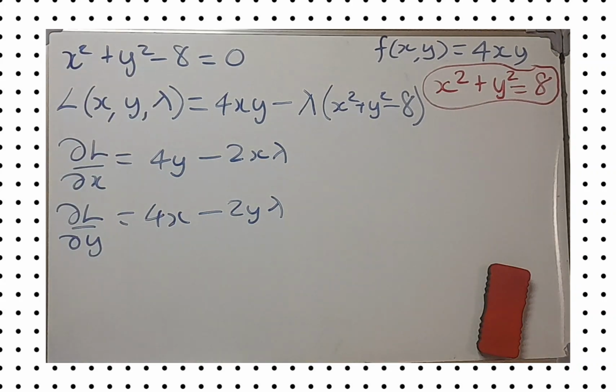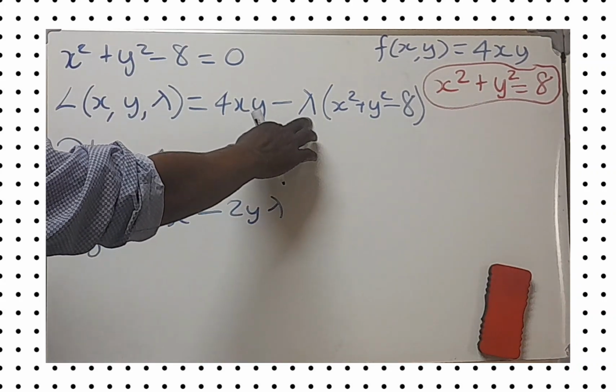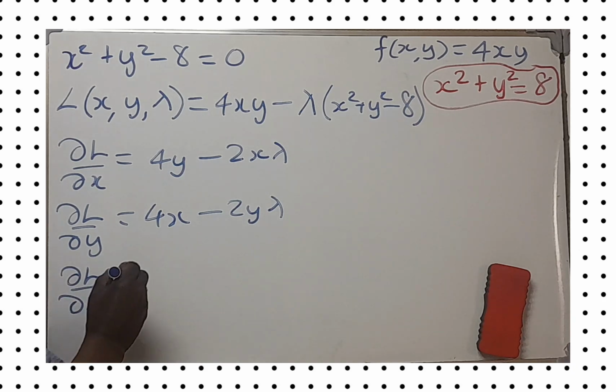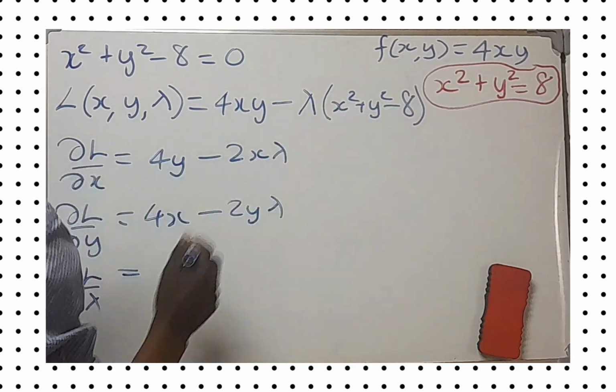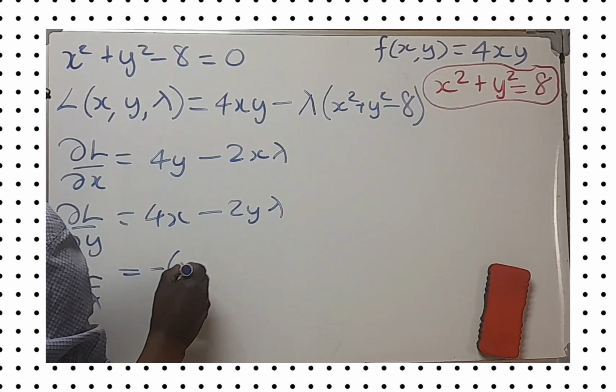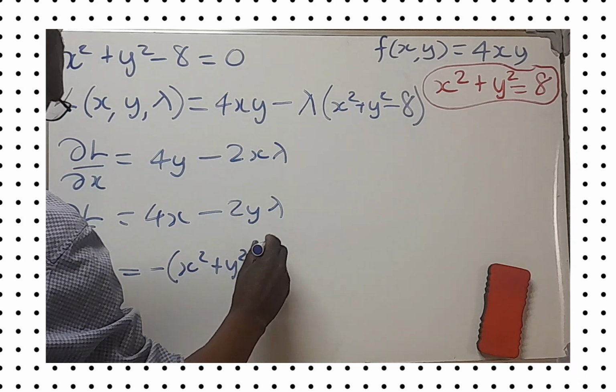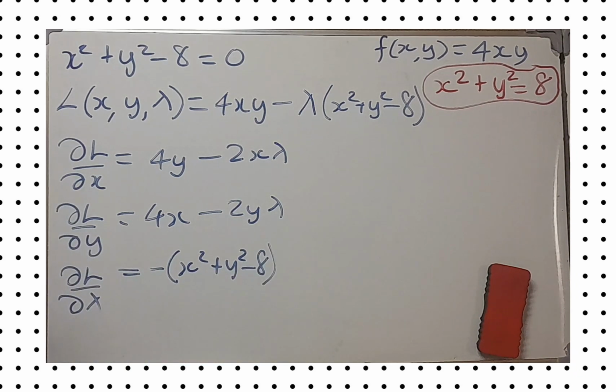Finally, we differentiate with respect to the parameter lambda, then it gives us partial L, partial lambda is equal to all this here. It's minus brackets x squared plus y squared minus 8. Now, we are interested in the stationary points.